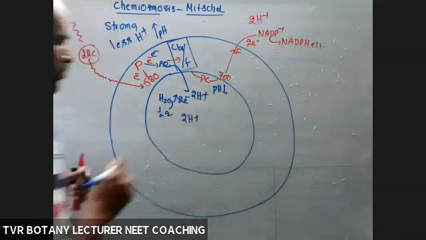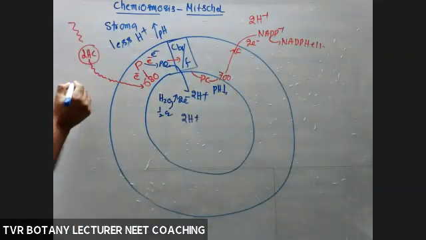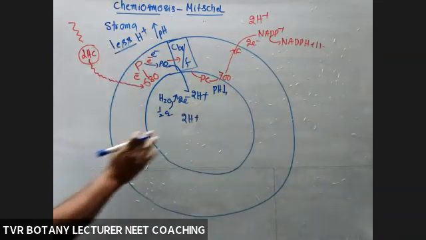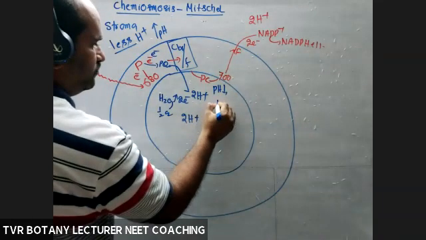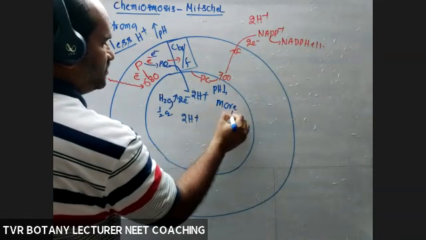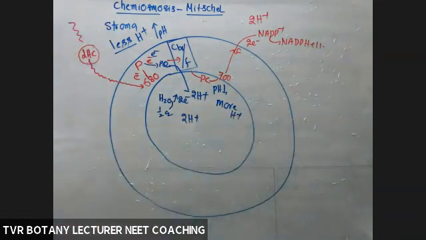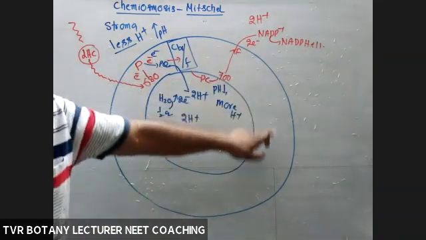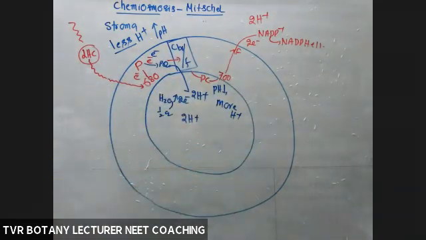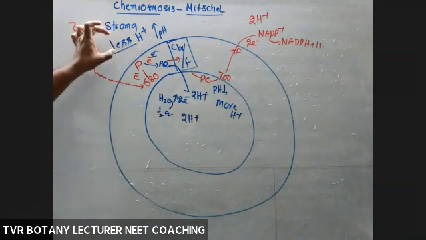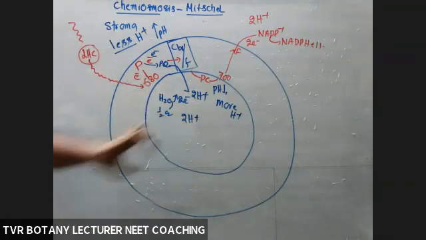Less. Reason? More number of protons. More H plus. Go back to requirements of chemiosmosis. Membrane required. This is a thylakoid membrane. Next, proton concentration gradient. Less, more.